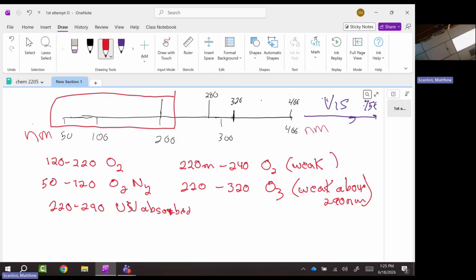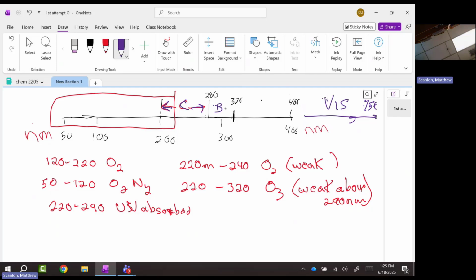And so I forgot to label these. I'll do this now. UV C is from 200 to 280. This is UVC going from here to here. Let me put that in purple. UVB, of course, is 280 to 320.